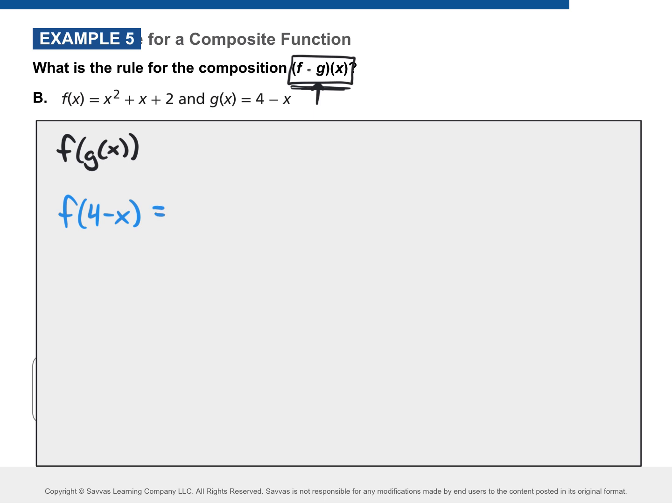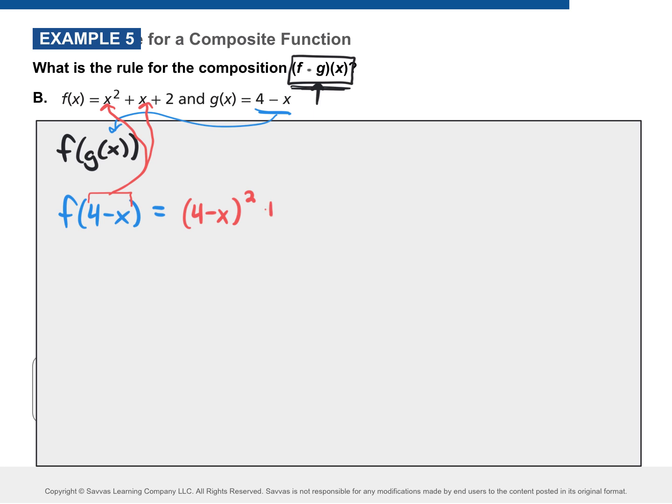Now that I have it rewritten, because I substituted my g of x in for g of x, what do I do with that 4 minus x? Into which function? Yep. Which x? It's going to be both of them. So when I rewrite this, we go 4 minus x squared. So whenever there's an x, it replaces it.